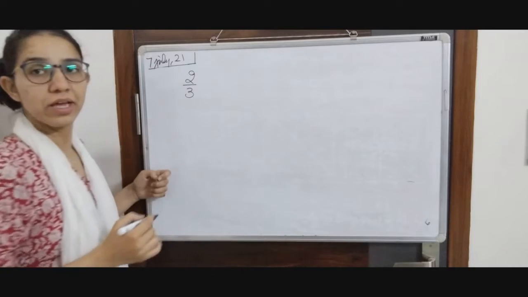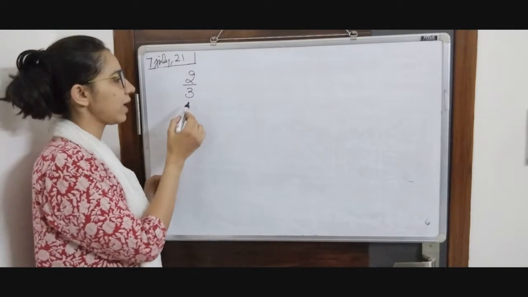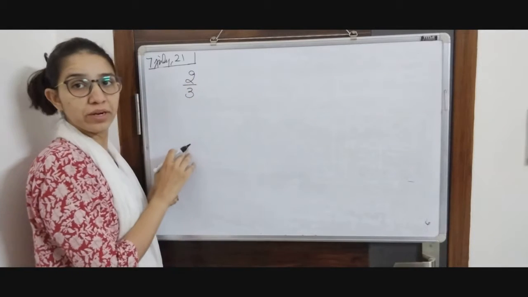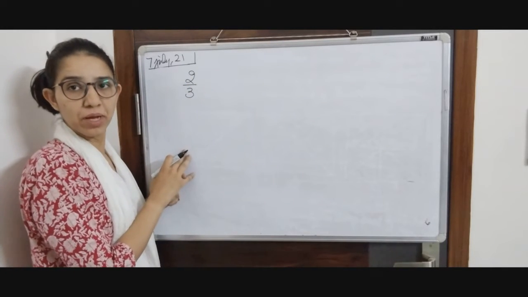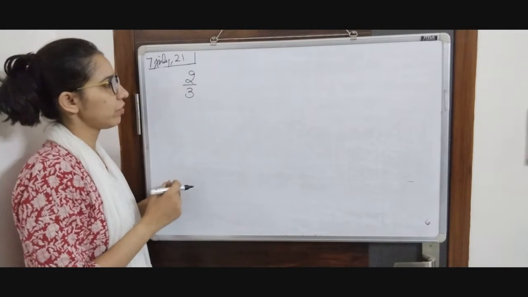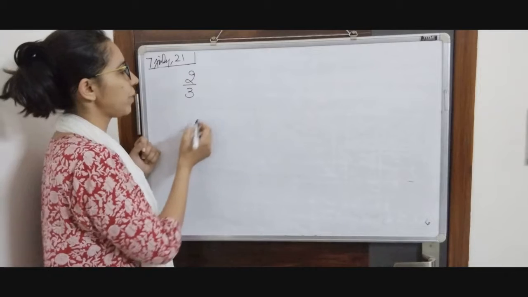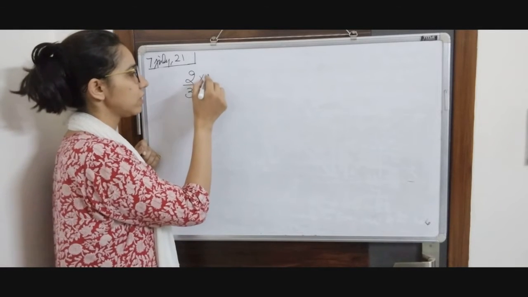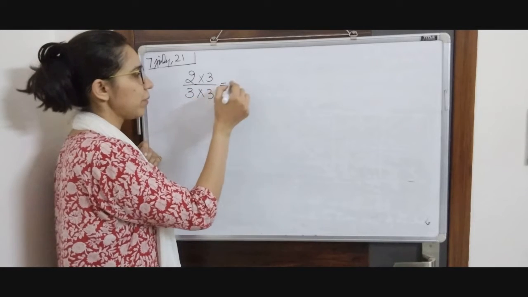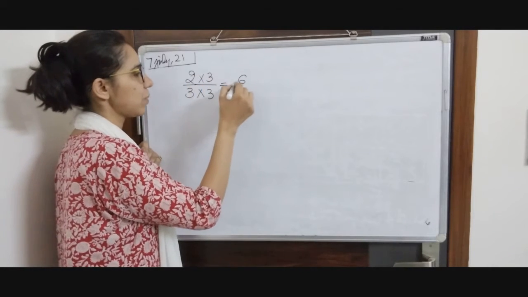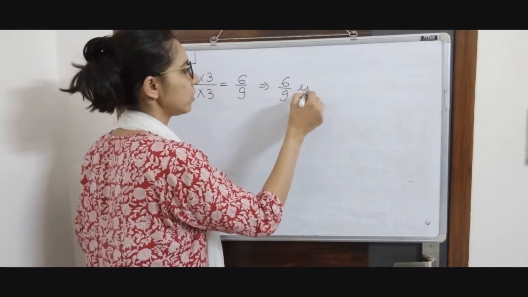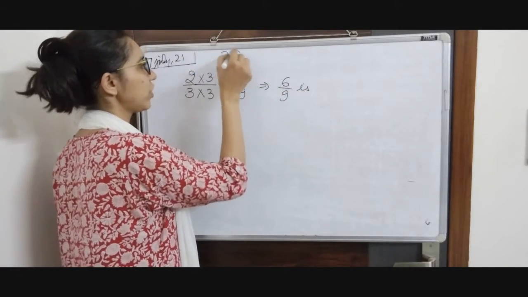If I multiply or divide the numerator and denominator by the same number, then I am going to get an equivalent fraction. What does that mean? Suppose we have 2 by 3 and I am multiplying the numerator by 3 and the denominator by 3. The number I am going to get is 6 by 9. So 6 by 9 is the fraction, the initial fraction was 2 by 3.